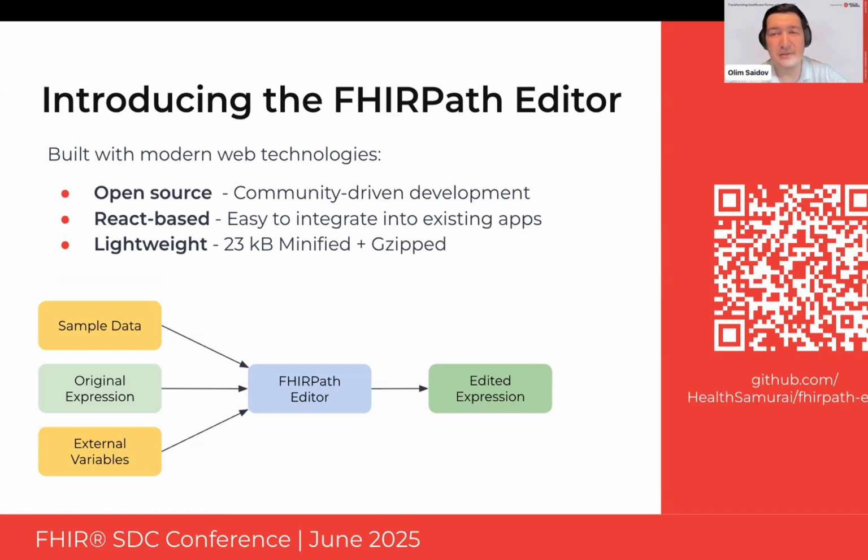This should mirror your production environment. If you are working with patient data in production, provide a sample patient resource. Same with external variables. Use the actual names and realistic values that will exist when deployed. And as an output, you get the updated FHIRPath expression.